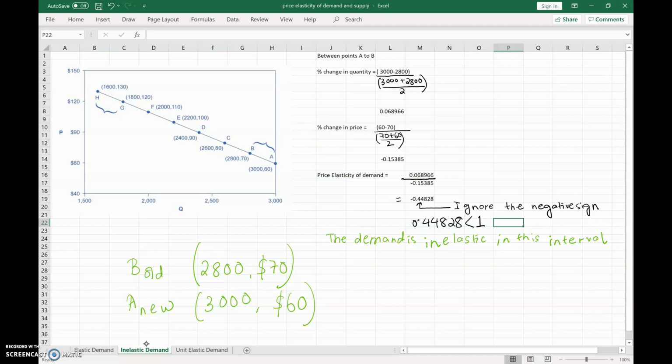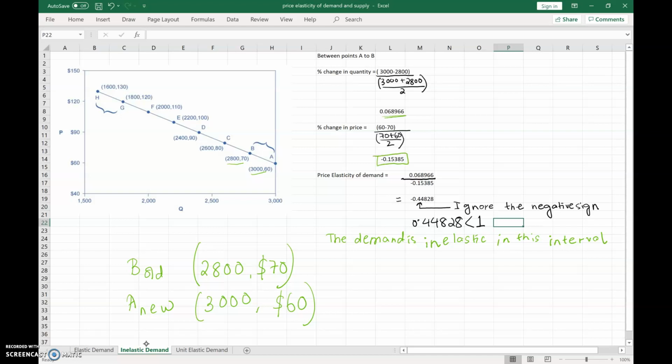The percentage change in quantity is gonna be 3,000 minus 2,000 over the average of these two. We get this value here. The percentage change in price is 60 minus 70 over the average of these numbers.